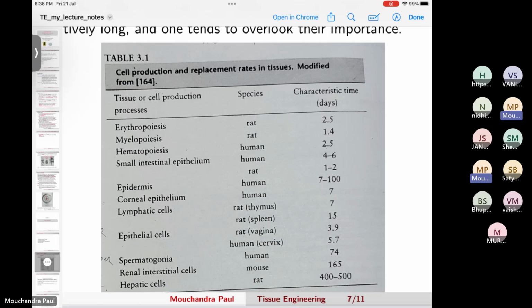First, the same tissue type in different species will have different characteristic times of turnover. Cellular turnover means cellular production and replacement rate. Another point I'm making is that within the same species, like humans, different cell types or different tissue types will have different cellular turnover rates. All right, so these two points are clear to you all.